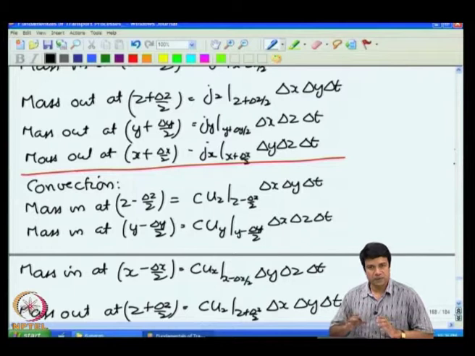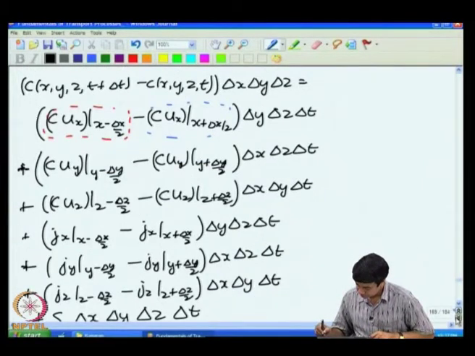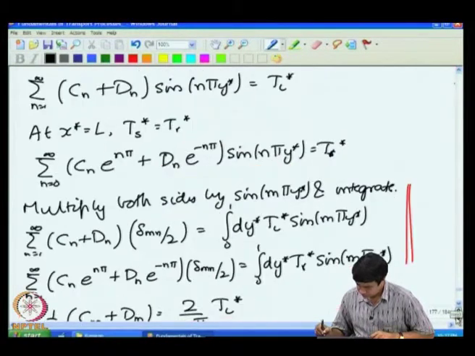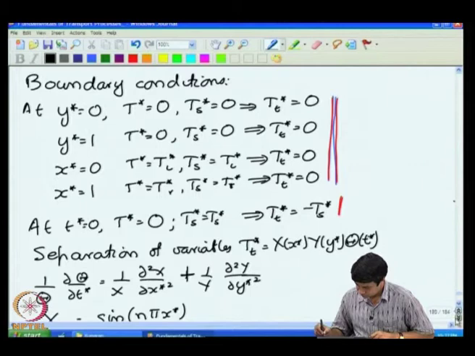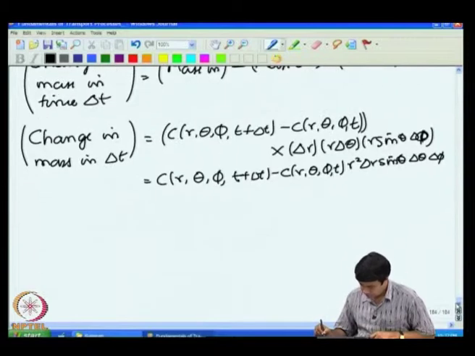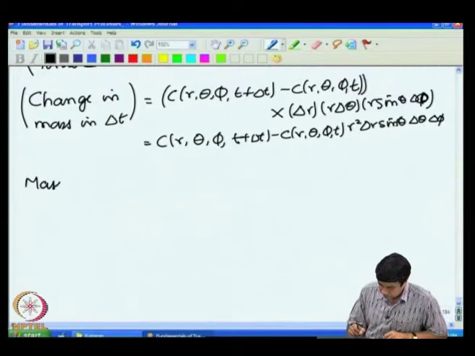So, I will first derive the expressions for the fluxes and just write down the expressions for the convective parts by analogy. So, first, mass in at r minus delta r by 2.